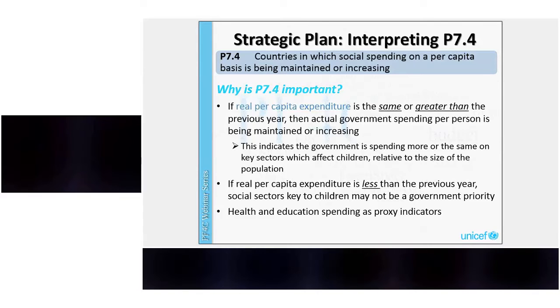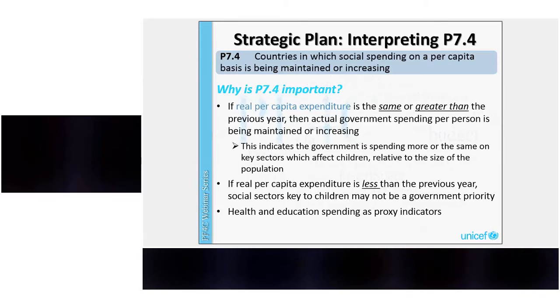Basically, P74 looks at how much is spent in per person terms. And what we want to see is that it is the same or greater than the previous year. So is the government spending more per child this year on education or health or water and sanitation than it actually spent last year? Now every country's ratio and amount for this will be different, but the change is what's important.